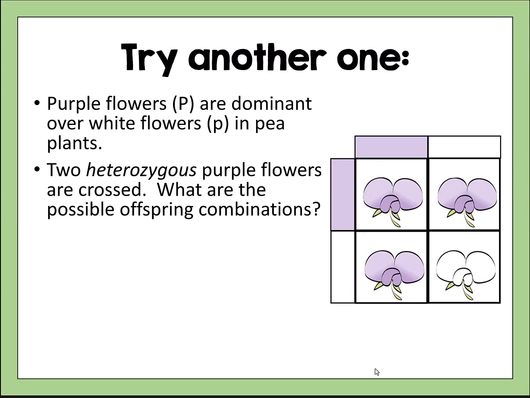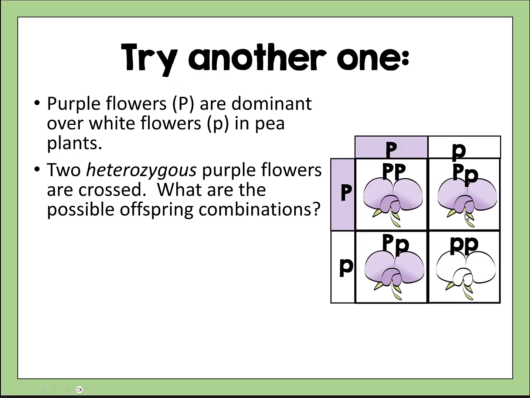You're going to put the alleles for each parent on the top and on the side. One parent on the top, one parent on the side. So we have 2 heterozygous purple flowers. That means 1 dominant allele and 1 recessive allele. And we're going to put the other one on the other side here. Again, 1 dominant, 1 recessive for the second parent.